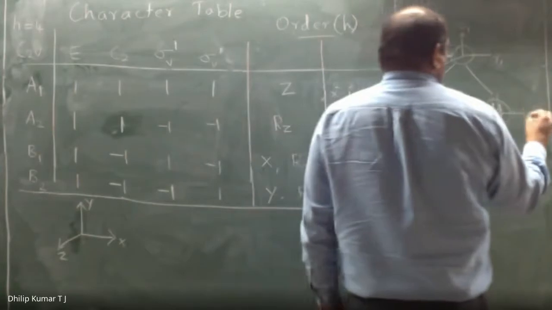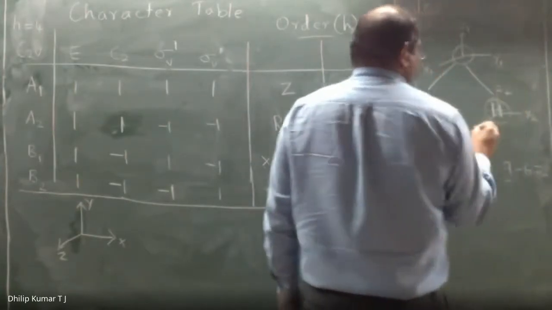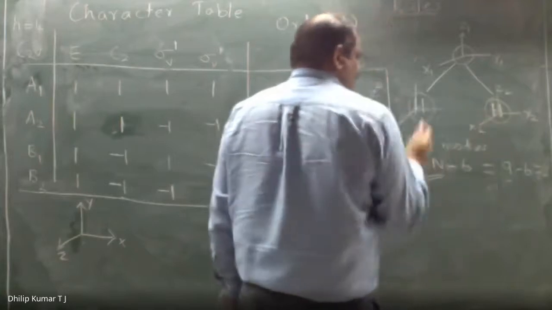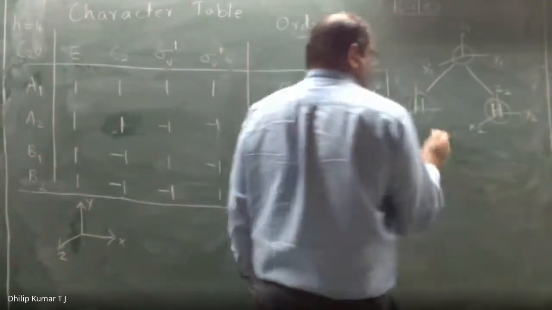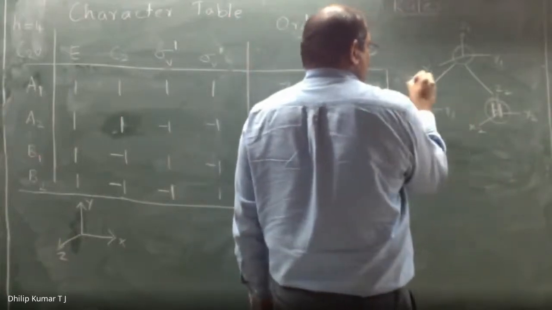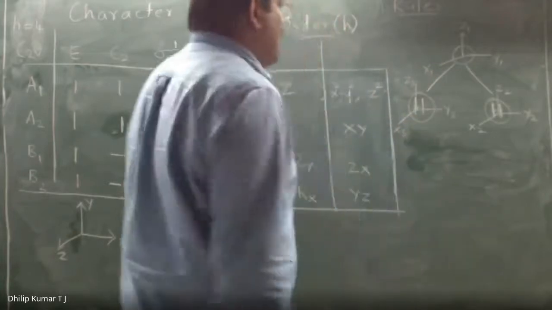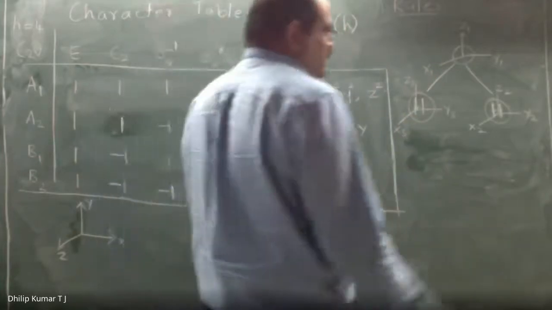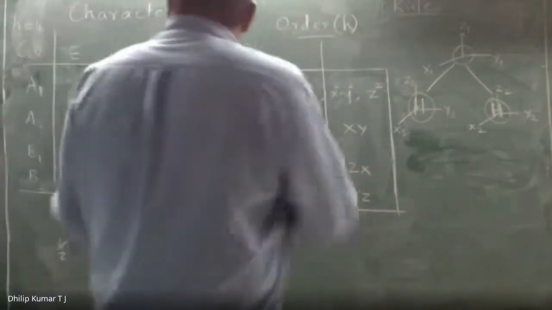So this is y2, z2, and then x2. Okay, I'm erasing this. And again this I call as y3, z3, and x3. Okay, so now I have 3 spheres. Each atom has its own Cartesian coordinates. Now we perform these operations.